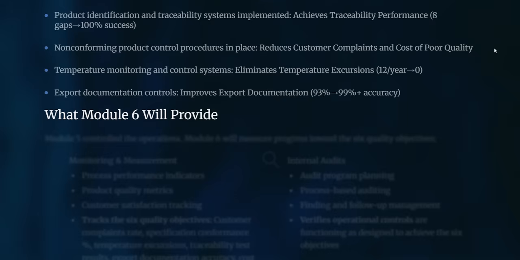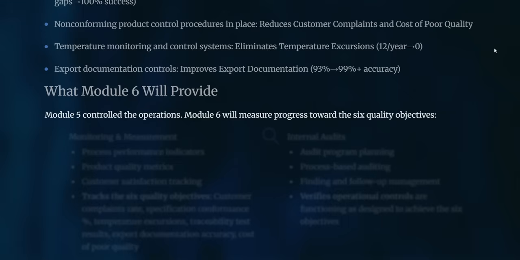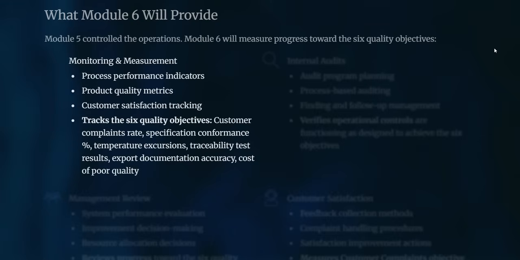What Module 6 will provide to us: Module 5 controls the operations. Module 6 will measure progress toward the 6 quality objectives. Firstly, we will cover monitoring and measurement, and under that, it consists of process performance indicators, product quality metrics, and customer satisfaction tracking.